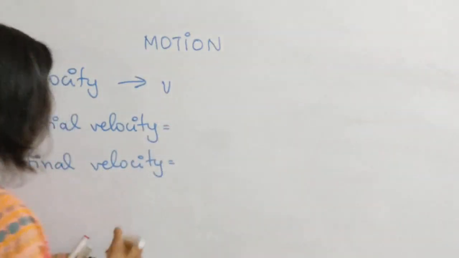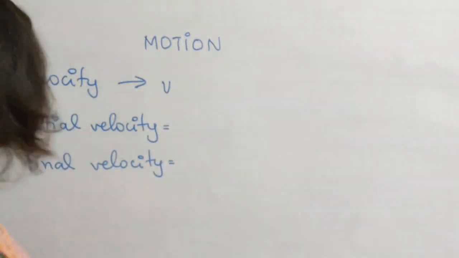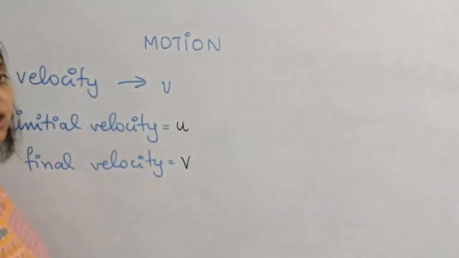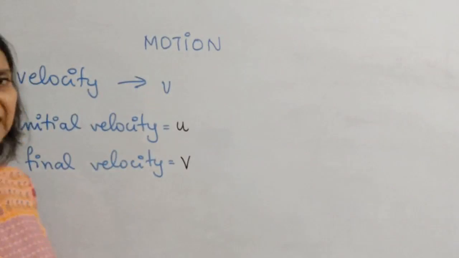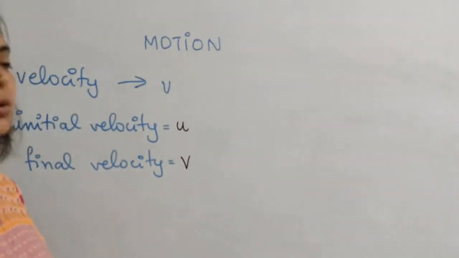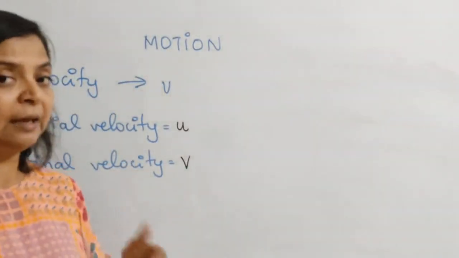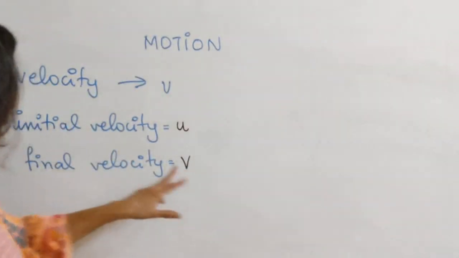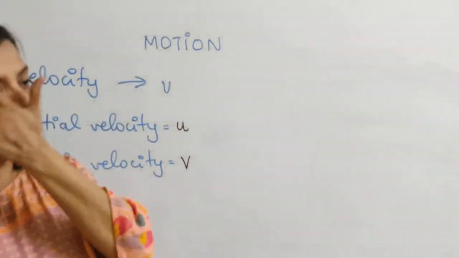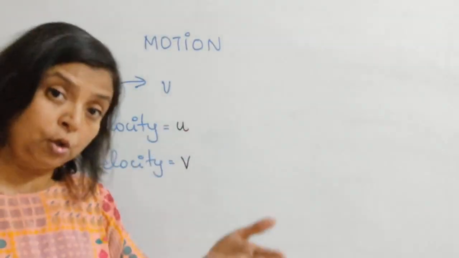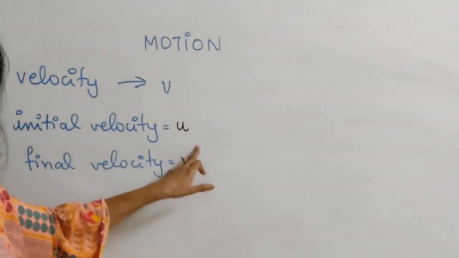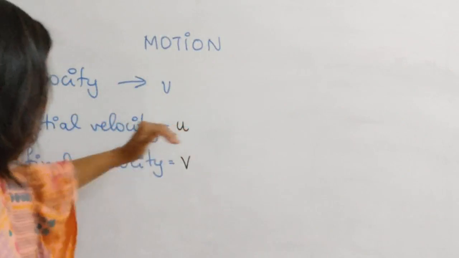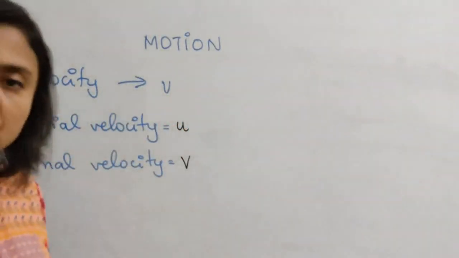So, the initial velocity is represented by U and the final is represented by V. At times you may get confused, so it is very easy to remember. When you write ABCD, initially you write U, so it's initial velocity, and finally you write V, so it is final velocity. I mean STUV. Okay, so U is the initial velocity and V is the final velocity.